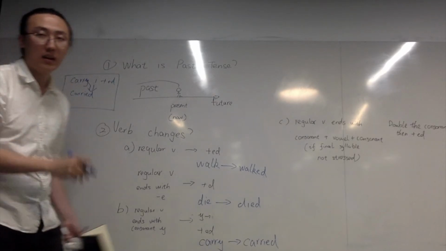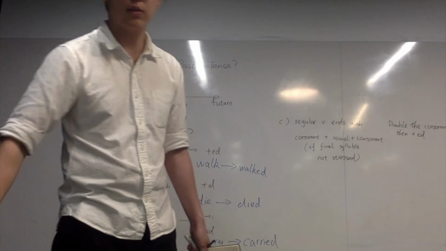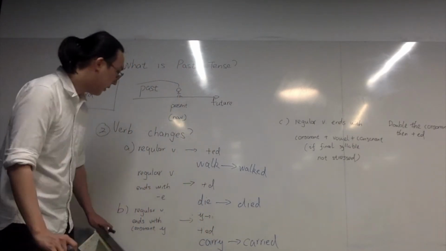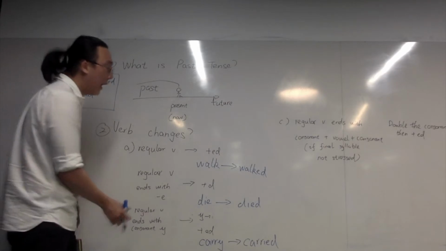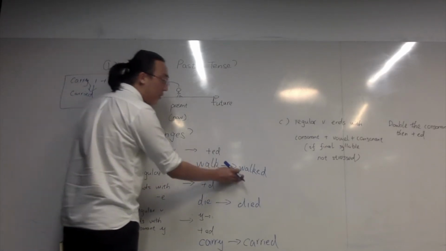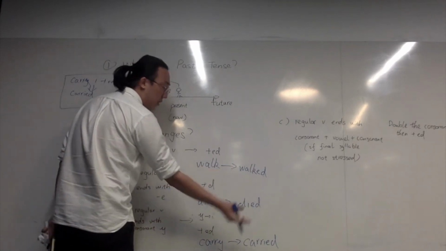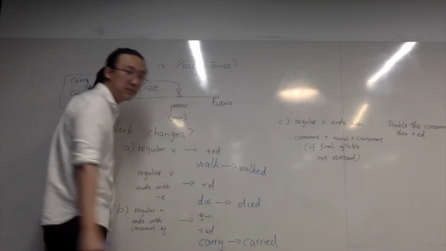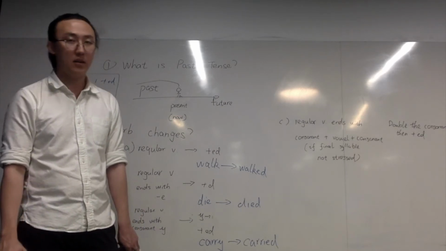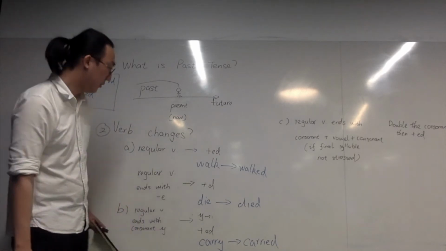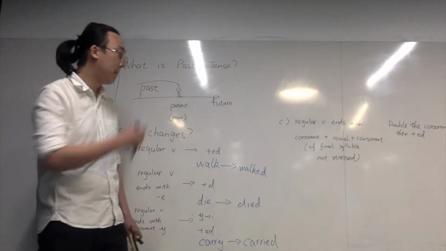So I can say, yesterday I carried a bag to my school. So as you can see, those two points basically just make sure that the end of your verb is an ed. Yep. Walked, died, carried. Is that clear? Okay. I'll give you a few seconds to write down the notes. Don't forget your example to remind yourself, okay?